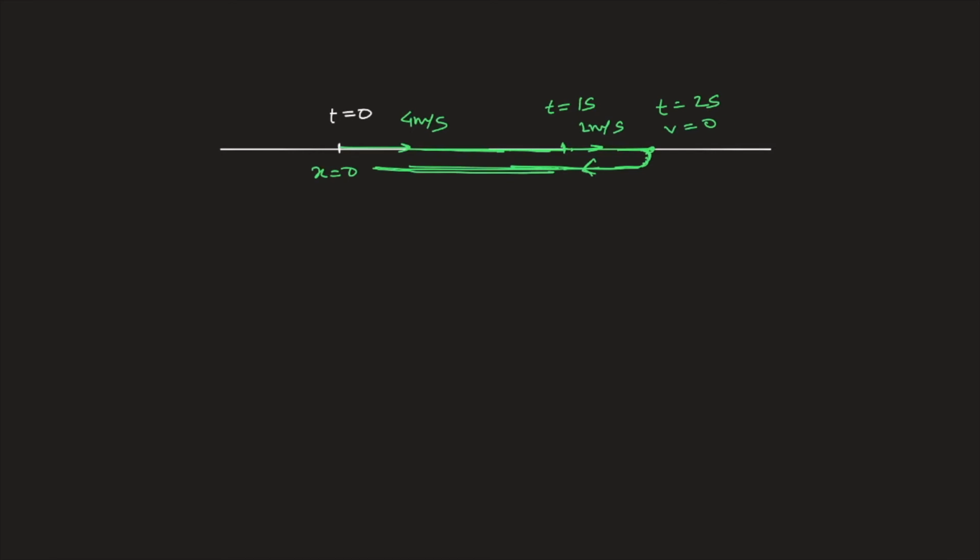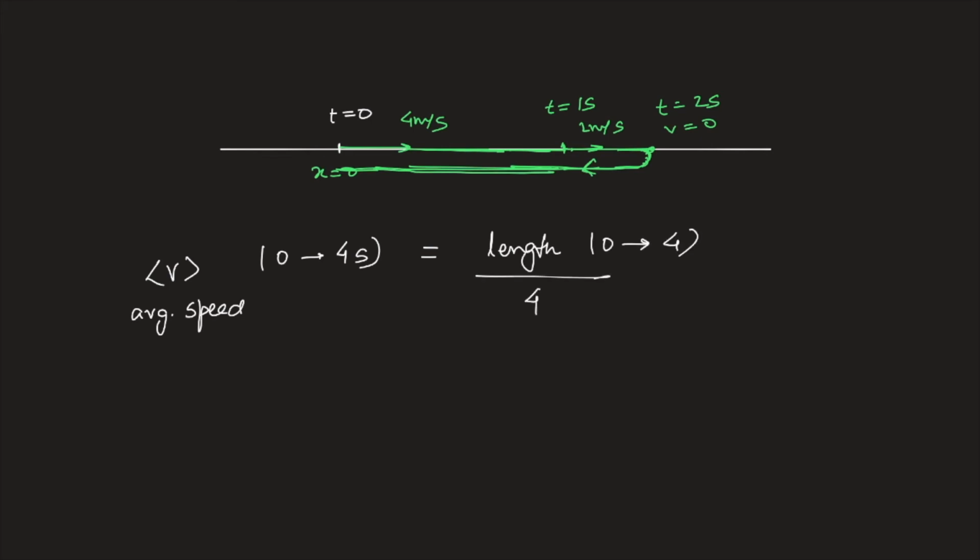Now the question is that we have to find out the average speed between 0 to 4 seconds. So average speed is the length of path between 0 to 4 seconds divided by 4 seconds, that is the time.